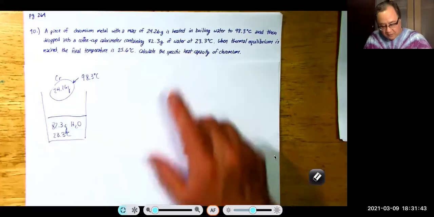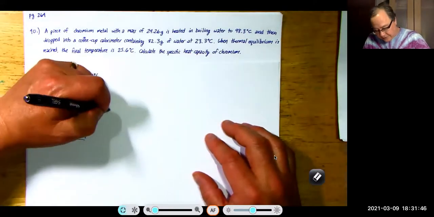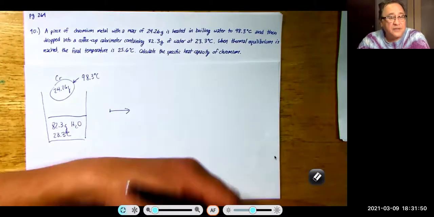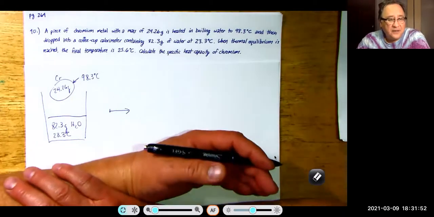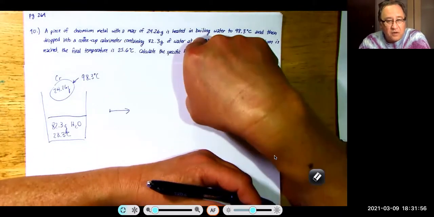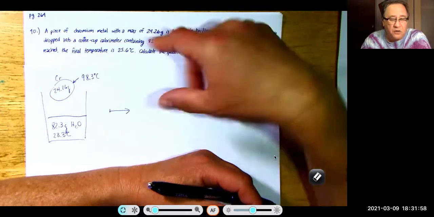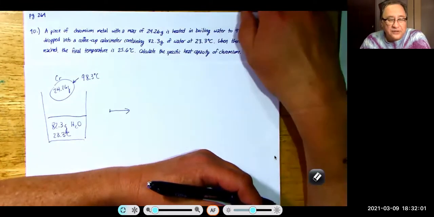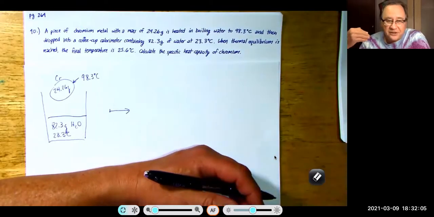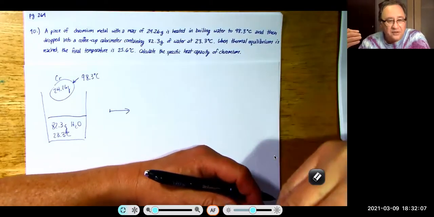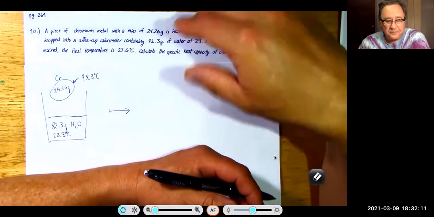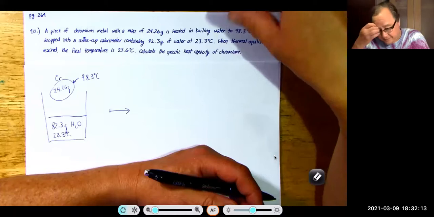Now, let's stop for a moment and ask ourselves, how do you get a piece of metal to be 98.3 degrees Celsius? The answer is really simple. They heat it in boiling water. At what temperature does water boil? Normally it boils at 100 degrees Celsius, but that is under just perfect conditions of 1 atmosphere of pressure, and it doesn't happen very often.